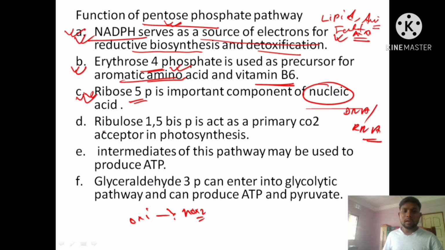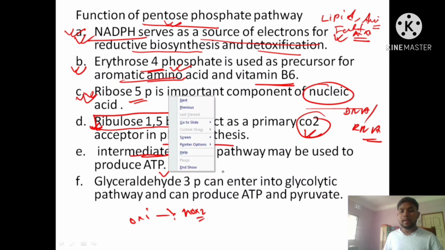Again, ribulose 1,5-bisphosphate. This is also an important intermediate related to the pentose phosphate pathway. Why? Because in photosynthesis, who will accept the carbon dioxide? The carbon dioxide is accepted by ribulose 1,5-bisphosphate. So this is important. And there are a lot of intermediates which give rise to production of ATP.